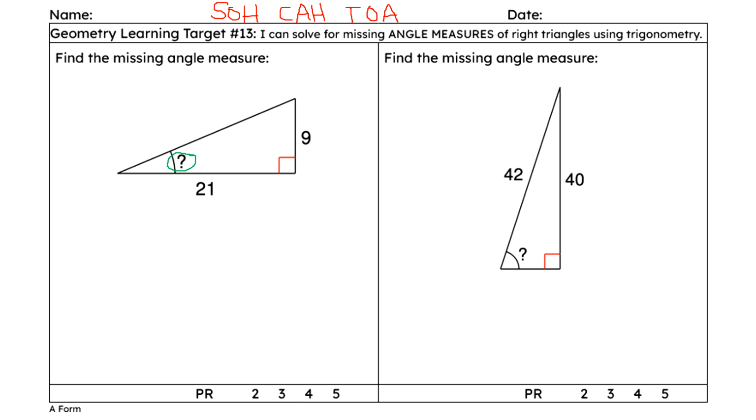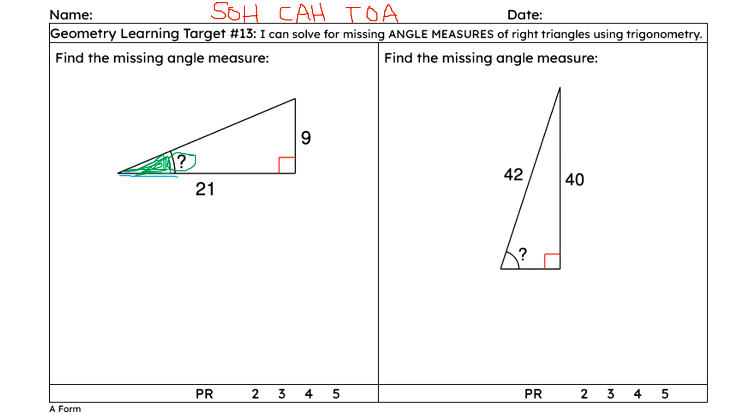Now, what I do have are 2 sides. From those 2 sides, I can find a ratio. And if I have a ratio of the sides, I can use my chart to look up what angle that is. So here's my reference angle right here. Let's see what 2 sides I've been given. I have this 21 right next to it over here.